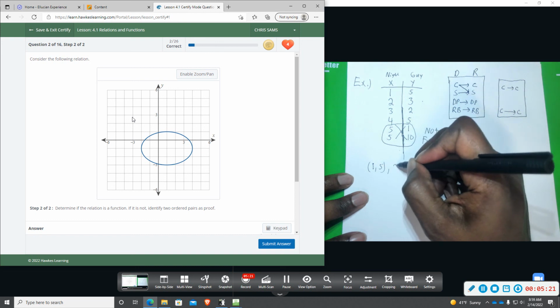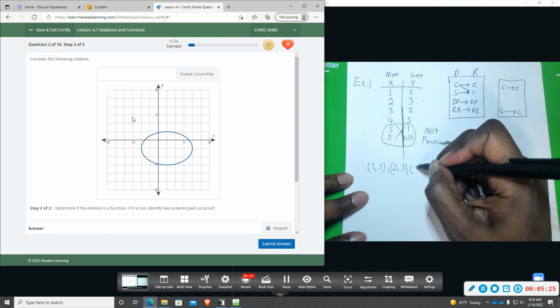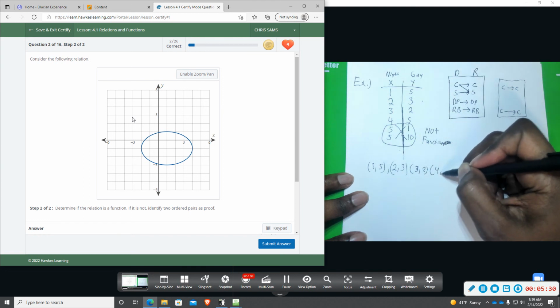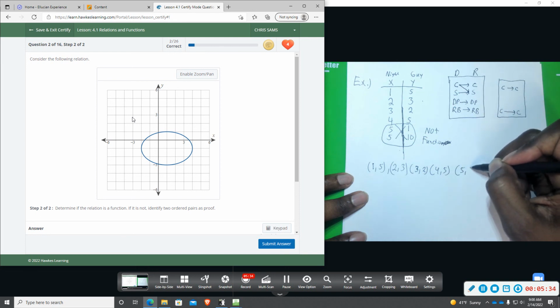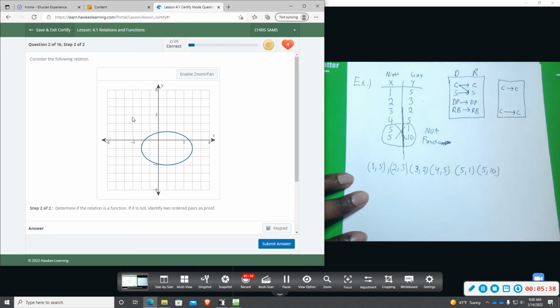I would have the ordered pair 2, 3, the ordered pair 3, 2, 4, 5, and then the ordered pair 5, 1, and the ordered pair 5, 10. So when the x value repeats, because we got 1, 2, 3, 4, 5, and 5, when that repeats, it's not a function. When the y value repeats, it's okay. The second coordinate can repeat in a function.